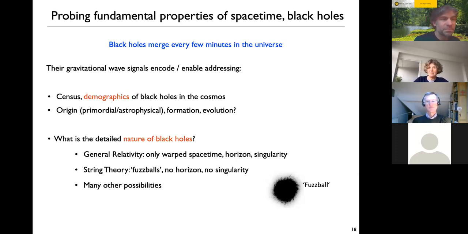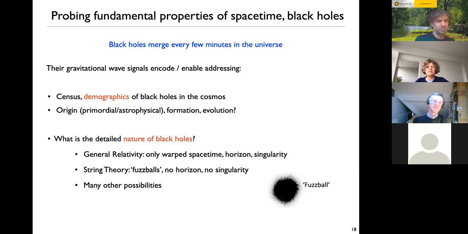So besides all of these demographical questions, there's also, of course, the question: are these the black holes of Einstein's theory of general relativity, or are there maybe some corrections, or are they completely different types of objects?